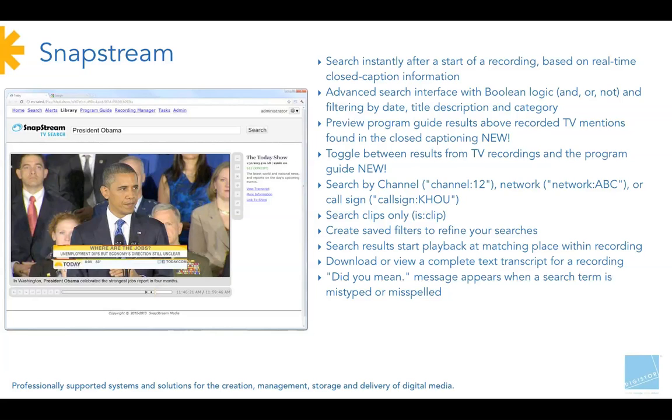Other smaller things that it can do is you can toggle between the results from the recordings and what's brand new. You can do it by channel as well. So you can say, I want to know everything that the ABC said about the Greens on the issue of marriage equality, but within the dates of X and Y. Or I want to know what this individual said about this. You can be very, very specific with what alerts they are.